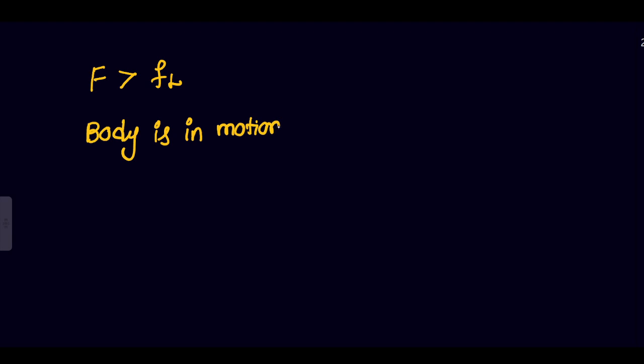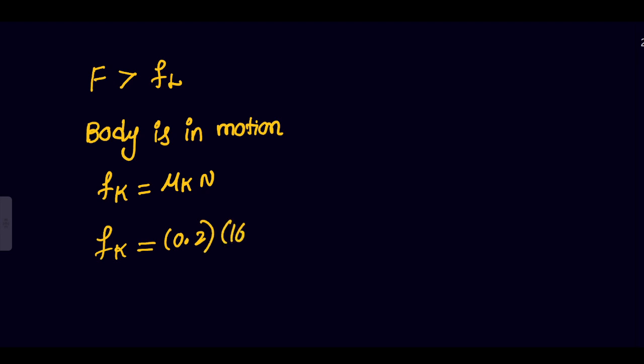So how much is the kinetic friction? That is mu k into N. So how much is the mu k value? 0.2. N value is 160. So that is the frictional force Fk, which will be 32 newtons.